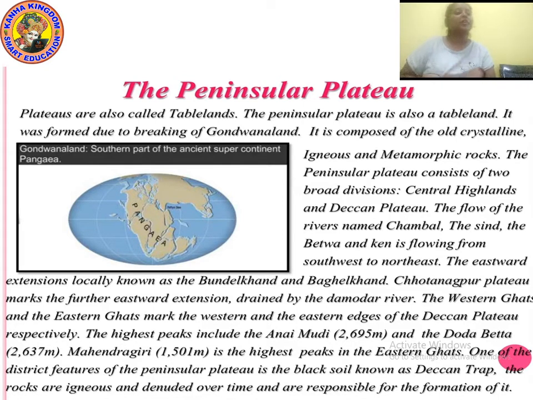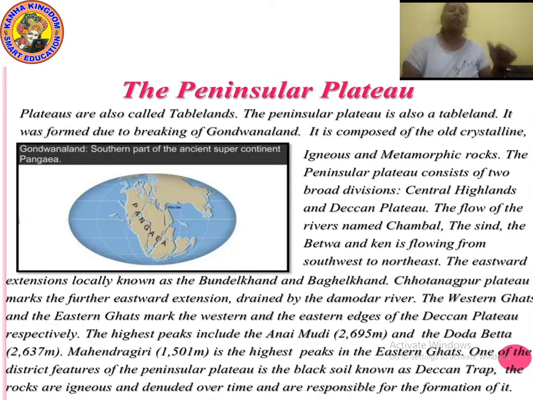One of the distinct features of the Peninsular Plateau is the black soil, which is found in a huge quantity and is known as the Deccan Trap.